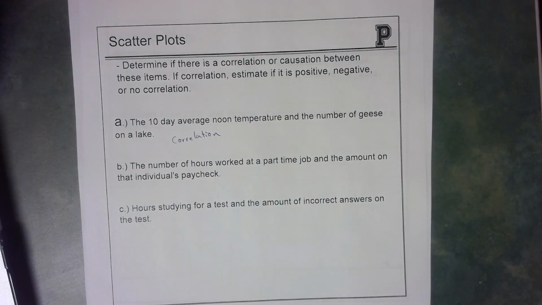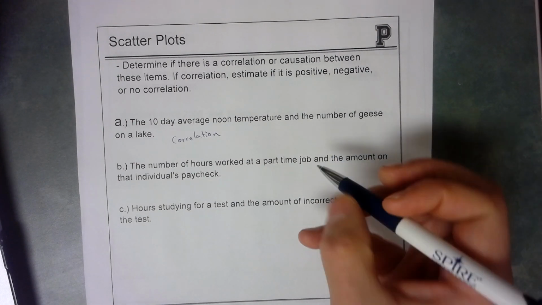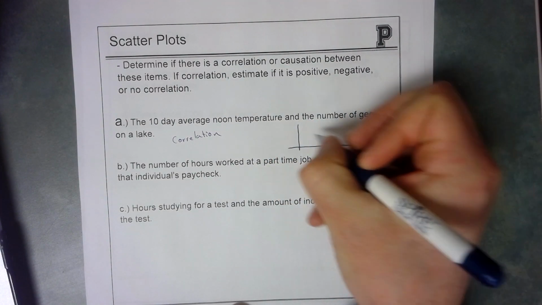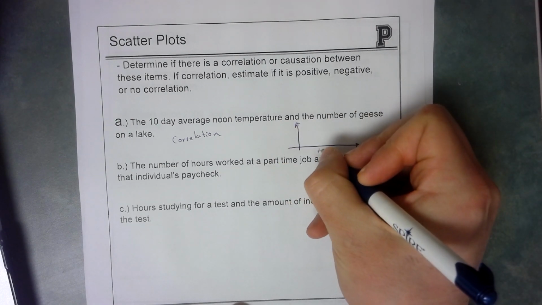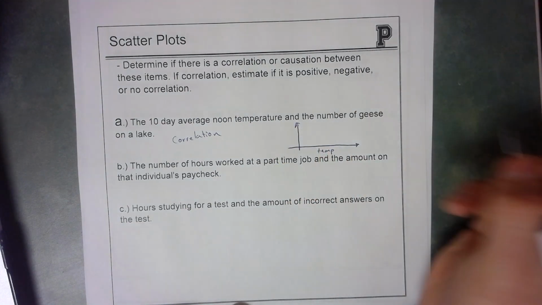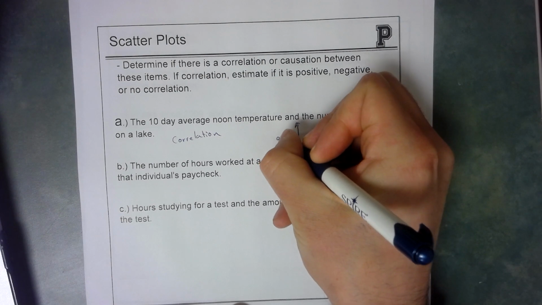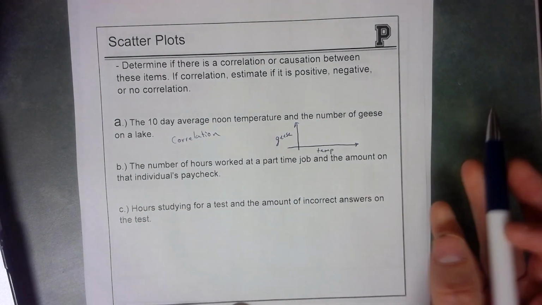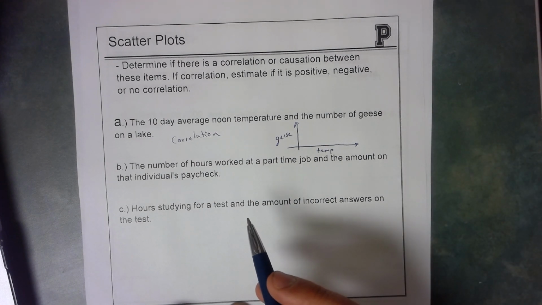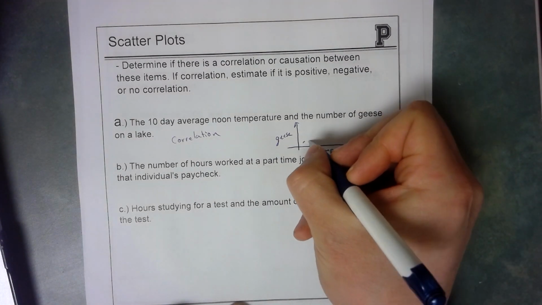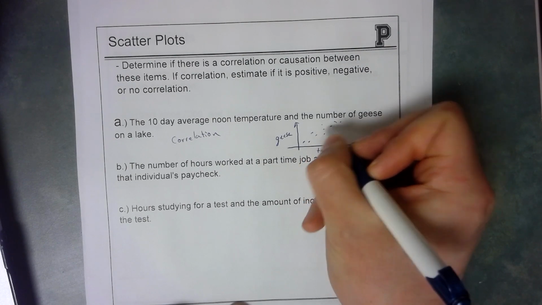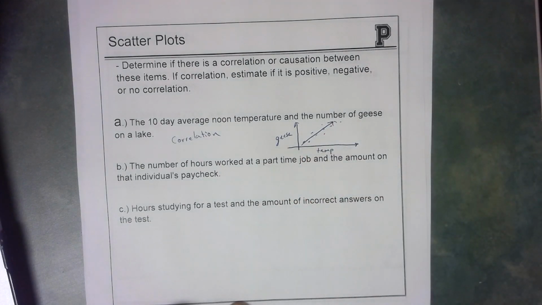The next part of the question is estimate if it would be a positive, negative, or no correlation, meaning that if the temperature gets larger, what does that do to the number of geese? So as temperature increases, do we think that there would be more geese or less geese on the lake? My thought is probably that if the temperature increased, we would start to see a positive trend, that the geese would actually increase.